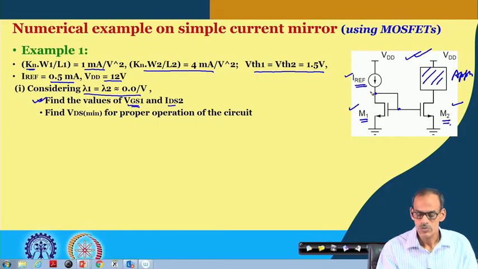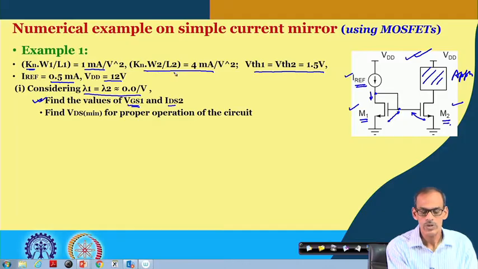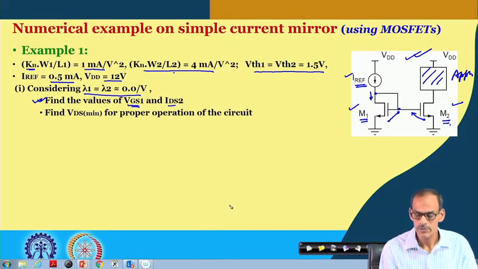Of course, IDS1 is the same as the reference current, namely half milliampere, but VGS1 is setting VGS2, and since the W by L, or K into W by L, of the two transistors are different, we expect the current here to be different.